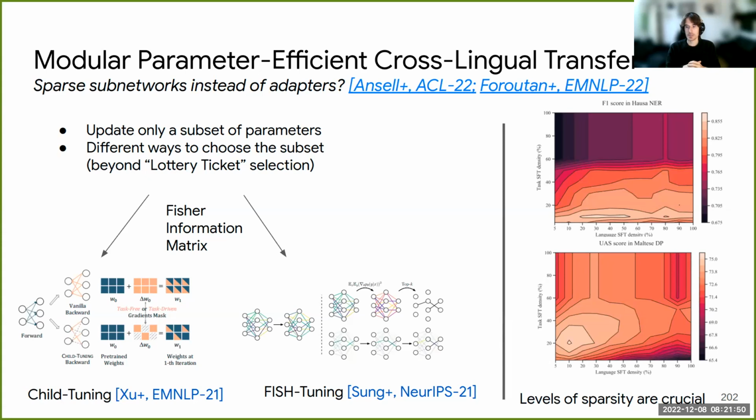So this is the main idea. And again, sparsity is crucial here. These graphs show that the highest performance, which are the brightest colors, is reached at certain levels of sparsity. If we create denser and denser subnetworks, they will start colliding with each other.